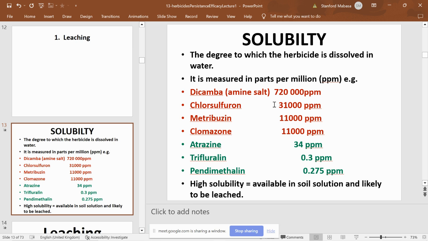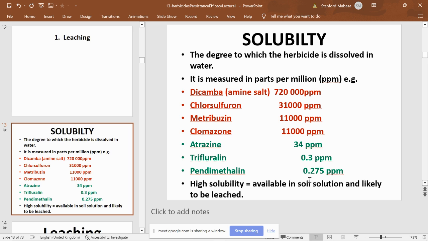It can travel very far, downwards, until it reaches the water table. It has a solubility of 720,000 parts per million. In contrast to pendimethalin with 0.275 parts per million.